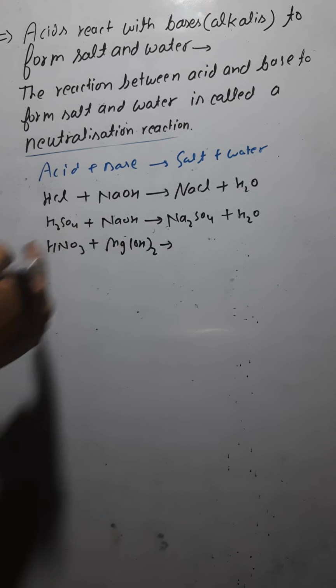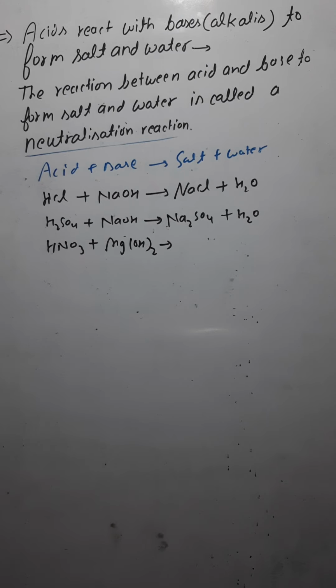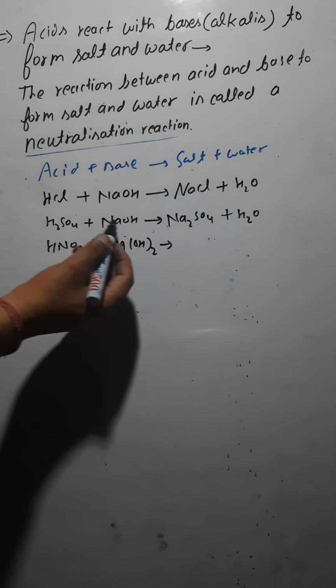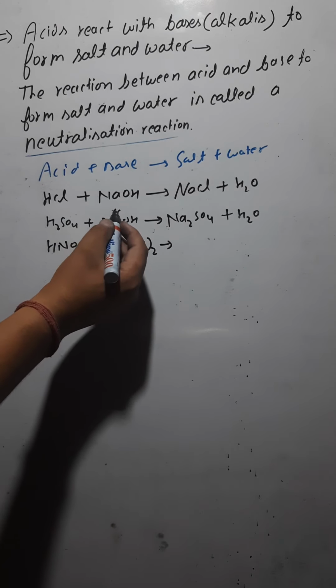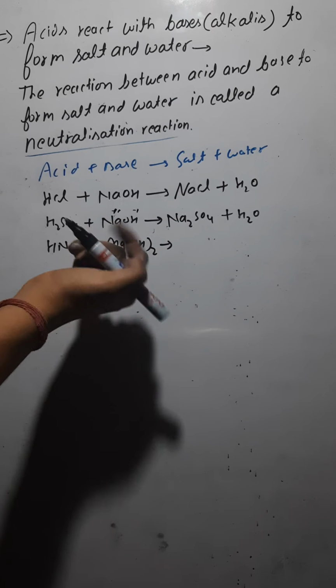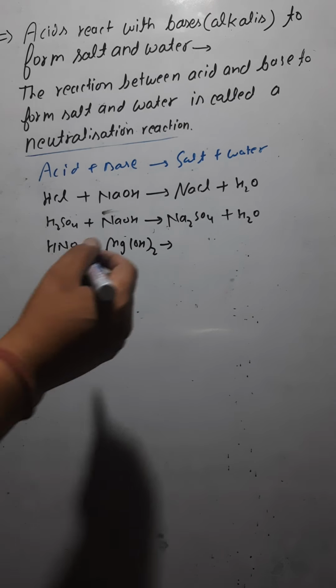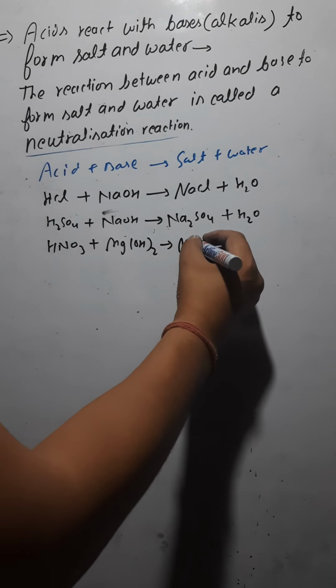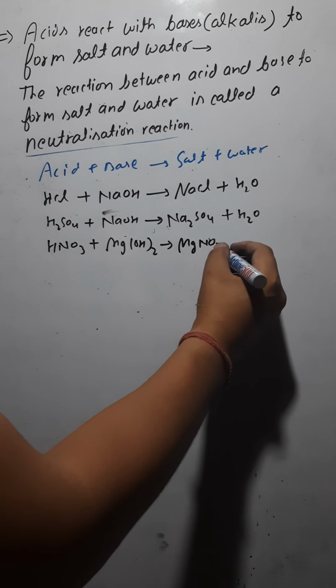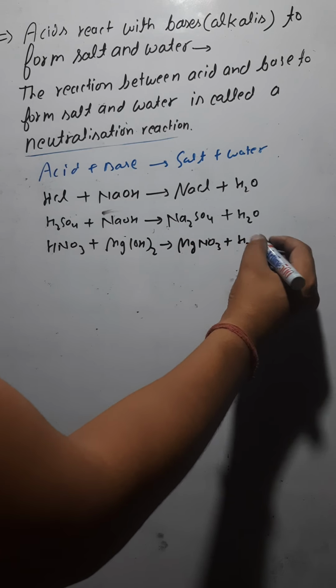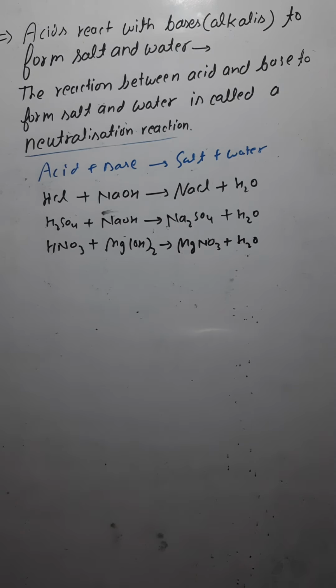That is why it is Mg(OH)2. And in the other case you do not have twice, because both have the same charge, +1 here, -1 here; cross multiply and you get the same. So HNO3 reacting with Mg(OH)2, you are going to get Mg(NO3)2, this is one salt, and one more thing, water.